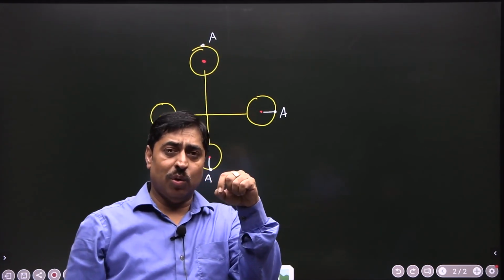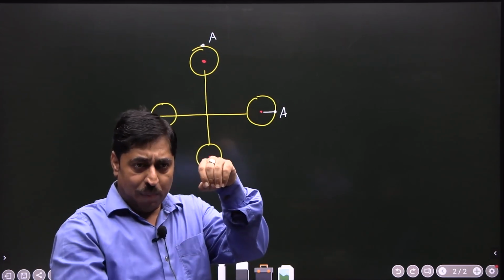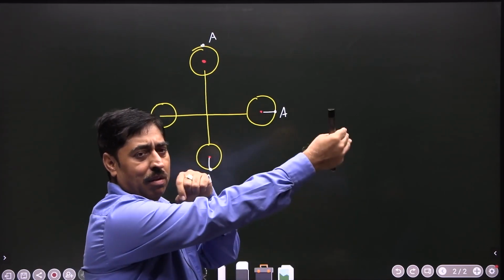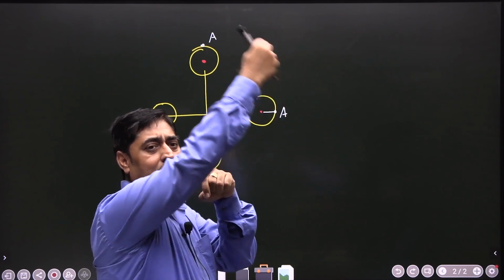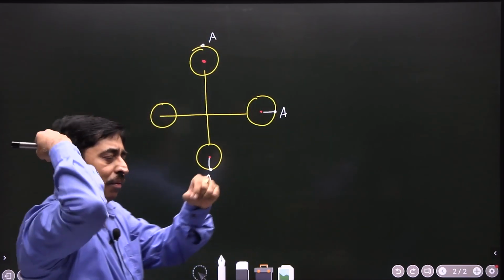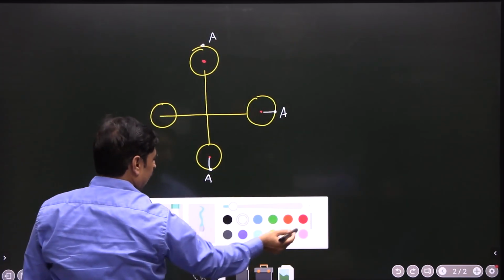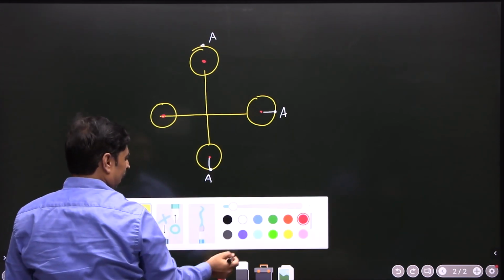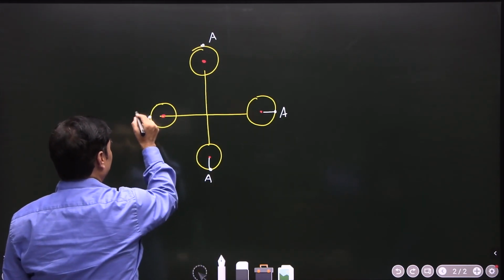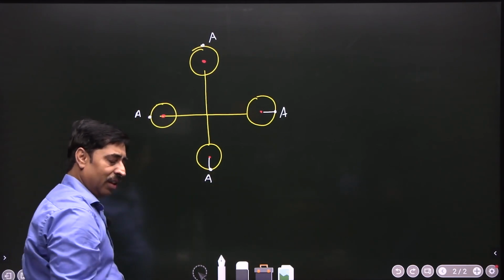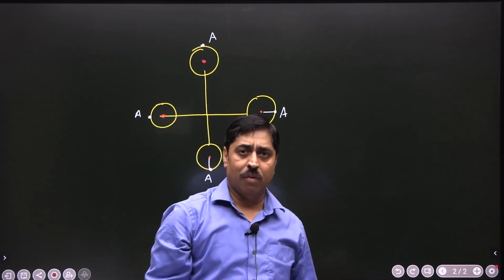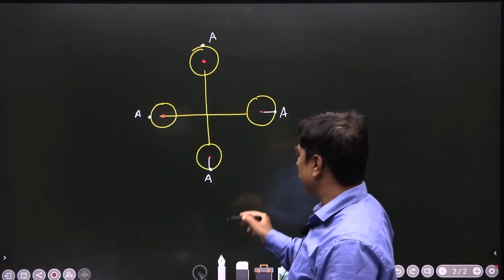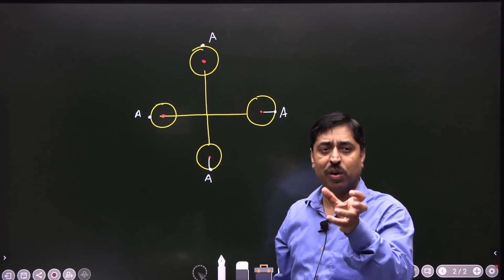One observer was looking at point A, which was apparently below him, then it moved to the right of him, then it moved above him, and finally, when you ask this man, where is point A? He will say point A is to the left of me, and after some time he will again say that it is below me. So, from the perspective of this observer, can you see that point A is rotating?